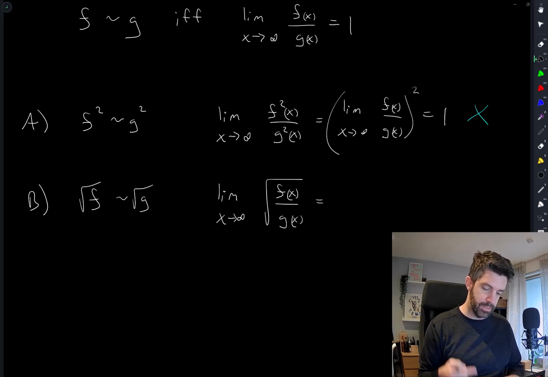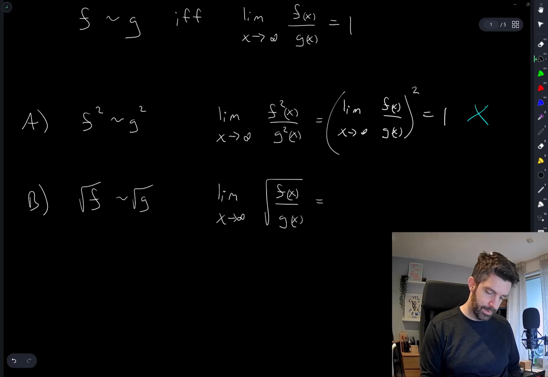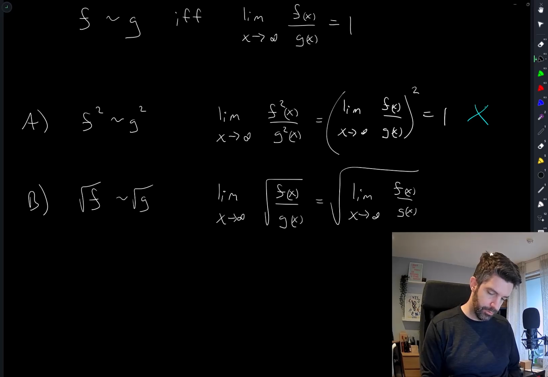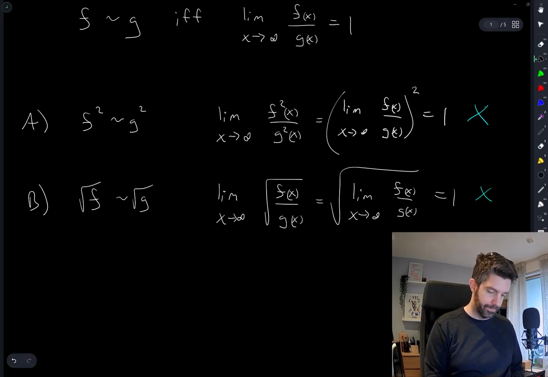We can interchange the limit with the root symbol. The root is a continuous function. I don't think anything breaks here, so this is equal to the limit as x approaches infinity of f of x divided by g of x, all under square root, and that's going to equal 1. So this is also not the right answer because that holds.